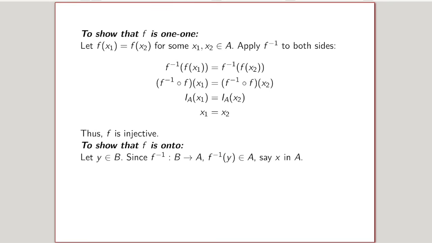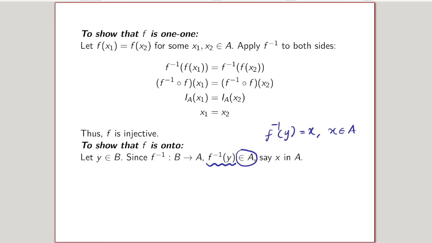So we can find f inverse of y, which will be in the codomain of f inverse, that is nothing but A. So I am going to name this element f inverse of y as x. Clearly, we can observe that x will be an element in A.